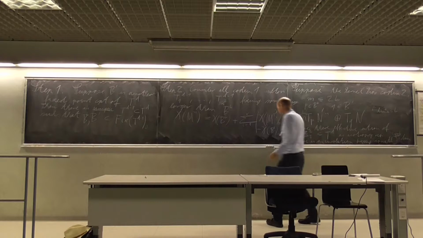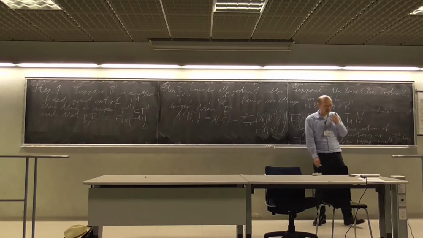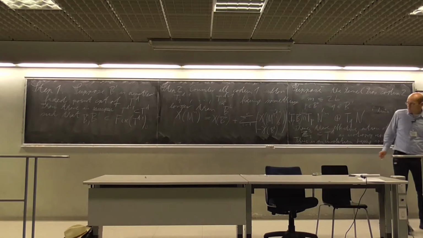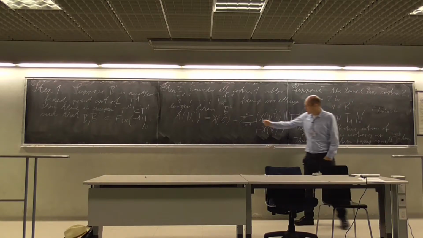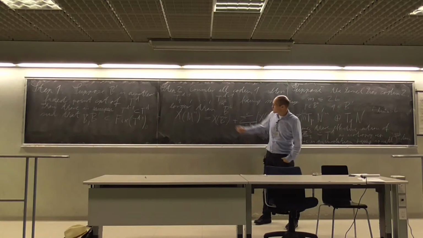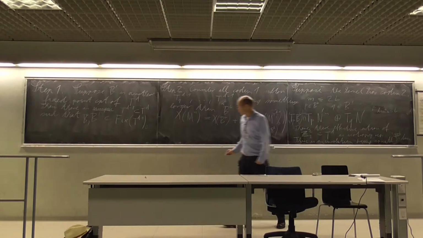Okay, so that's a nice formula, but as long as you cannot compute these things, that doesn't really help you. I mean, one thing which you can actually compute is the different dimensions of these components, right?